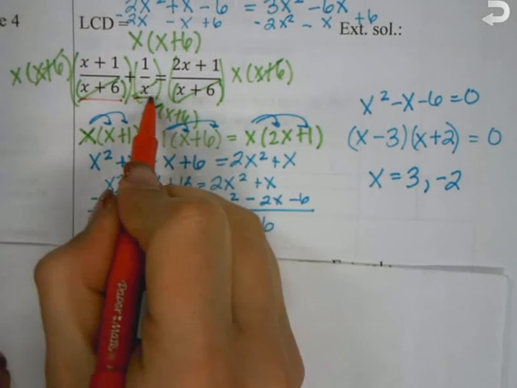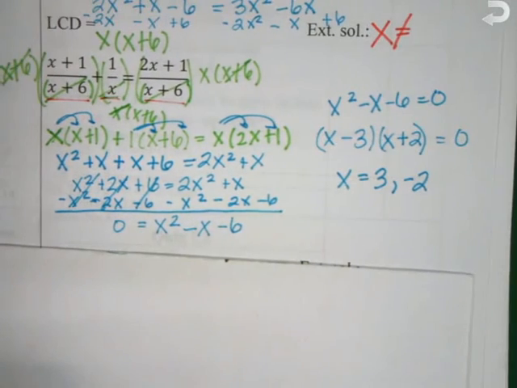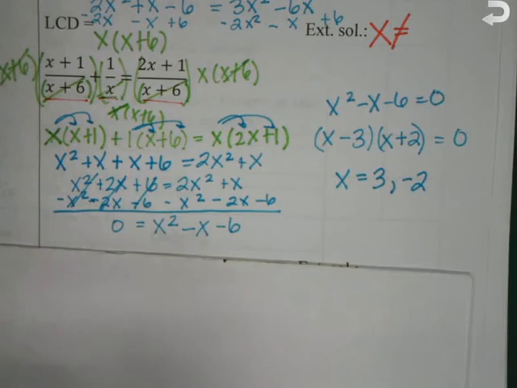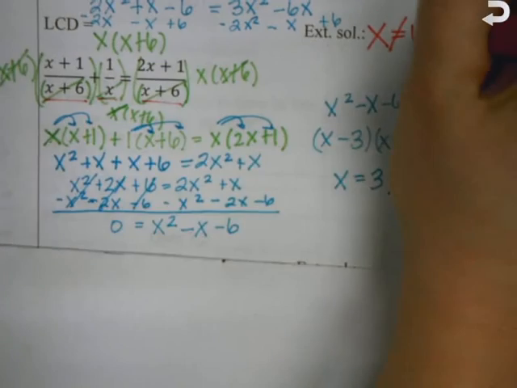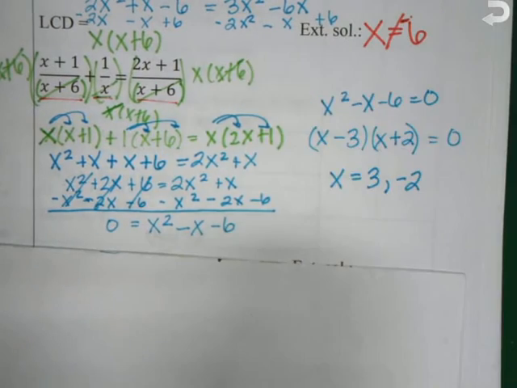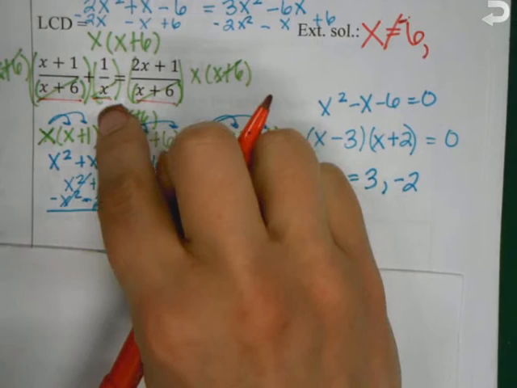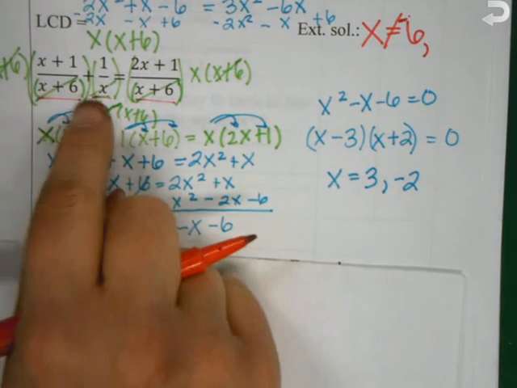No, not negative 1. We don't care about the numerators. We're only looking at denominators. 0, because we have a denominator that's just x. So x cannot equal negative 6 or 0. So how are our answers looking? Good. So positive 3, negative 2 are okay answers.